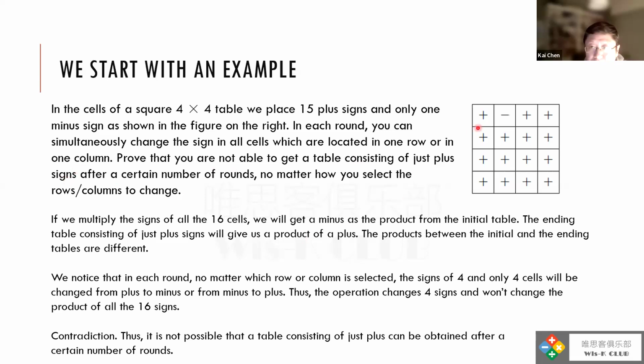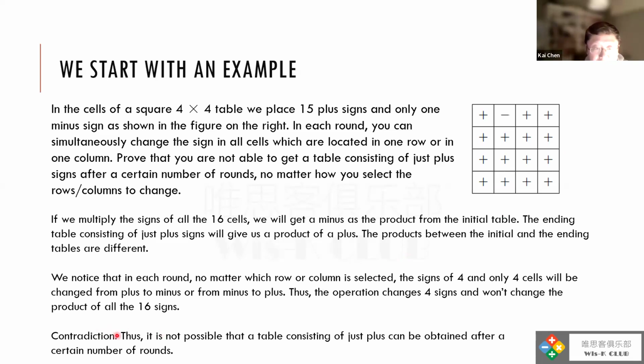But if in each round you select one row or one column, you change the sign of 4 cells. So it's always changed by an even number. So in the multiplication, it won't change, meaning that I don't care how many minus or how many plus there are. I change sign 4 times, but the 4 times in the multiplication is no change. It's no change.